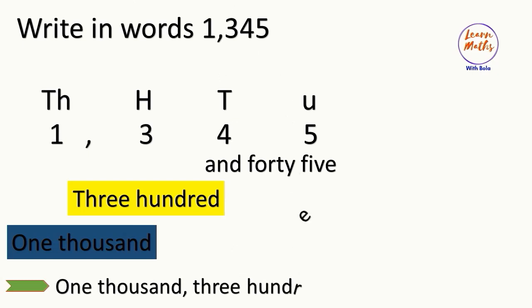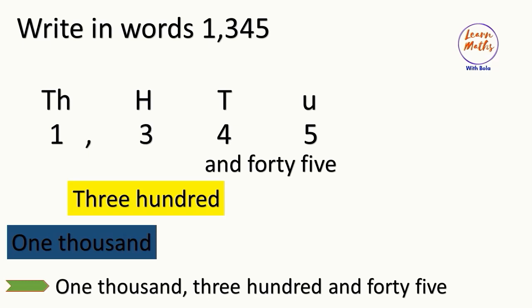So the procedure is just simple. Write out the numbers. Then for the thousand, you write it as 1,000, comma 300. Then the last two numbers. The idea is that the hundreds, tens and units, like we did in the previous video, you have 345 here. That part is easy. It is just the thousand that is coming in that makes it a little bit different from the previous video.